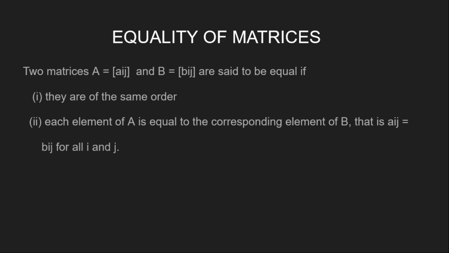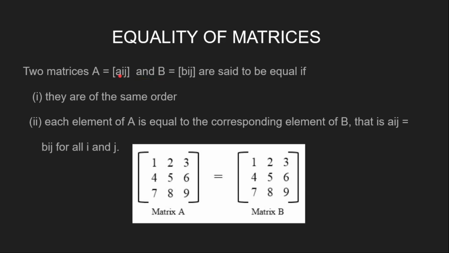So two conditions are there, guys. If you have matrices A and B, they should be of the same order. If one matrix is 3 cross 3 or 2 cross 3, the second matrix should also be 3 cross 3 or 2 cross 3. The second condition is that each element of the first matrix, A, should be equal to the corresponding element of B, that is a_ij equal to b_ij for all i and j.